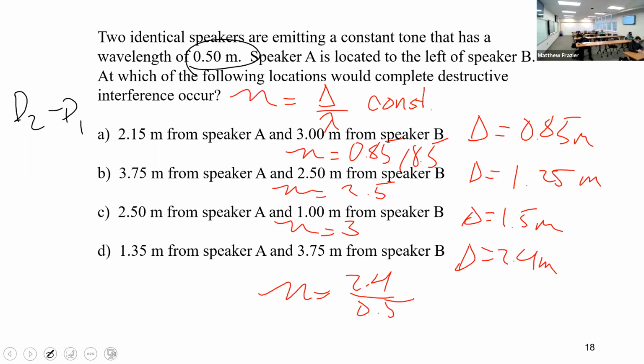All right, so I'm going to come out even. So N is 3 is constructive, so it's not C, it's not D, and it's not A because they're weird. B is the one you want. So to be clear, what we did is we found the path difference first. That was this part. And then we figured out what that represented in units of the wavelength. And then we figured out which one gave us an odd number of half wavelengths, and that ended up being B.